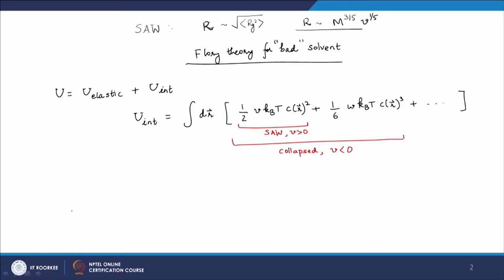Okay. So, we again make the other approximations that we have made, that is my elastic energy, we take it to be the same as that we got for an ideal chain, and we still assume that the concentration C can be approximated as a uniform concentration where we ignore the connectivity of polymer segments, and then this becomes m by r cube.